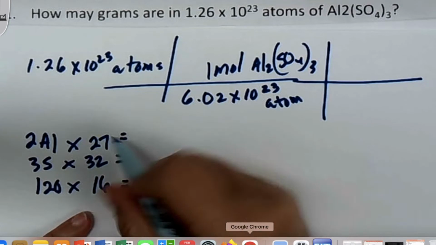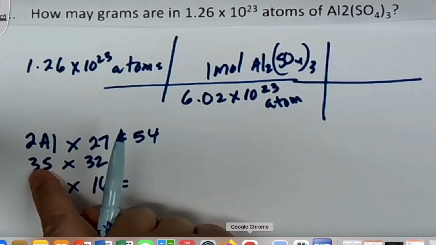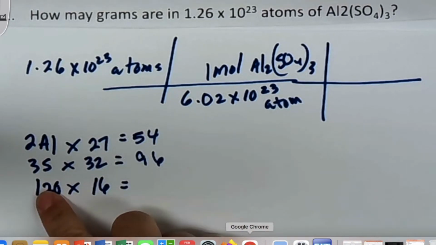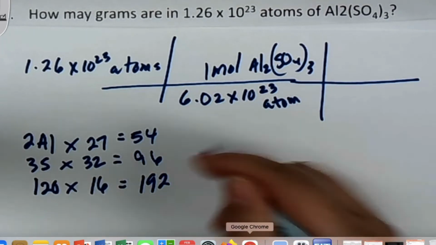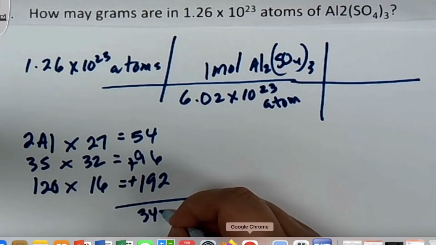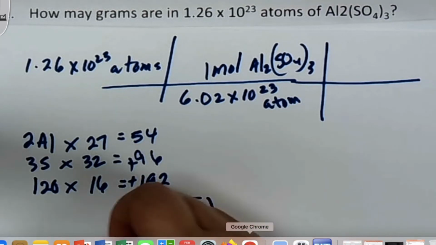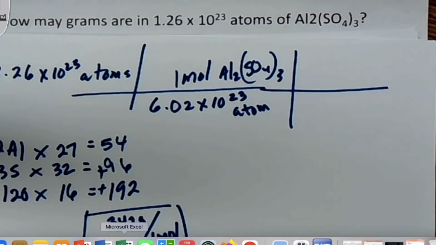Multiply. So 2 times 27 is 54. 3 times 32 is 96. 12 times 16 is 192. Add them all up. We have 342 grams per 1 mole of aluminum sulfate.